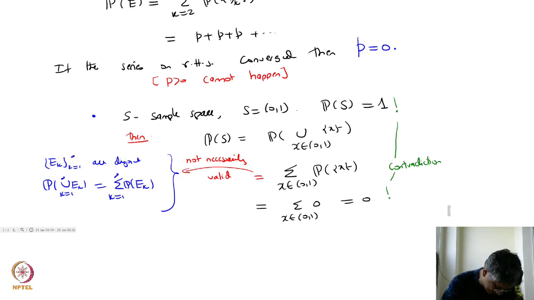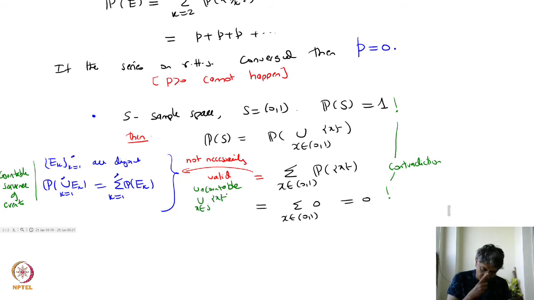The key thing was that this collection is countable. It's only allowed for countable disjoint unions, a countable sequence of events. And here I have an uncountable one, because x in [0, 1] is uncountable. So the union over x in S of the event {x} is uncountable, and that's why this step need not be valid.